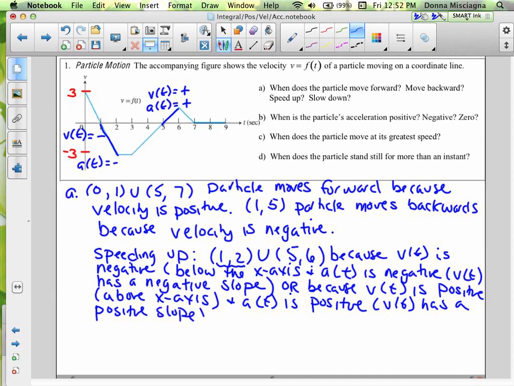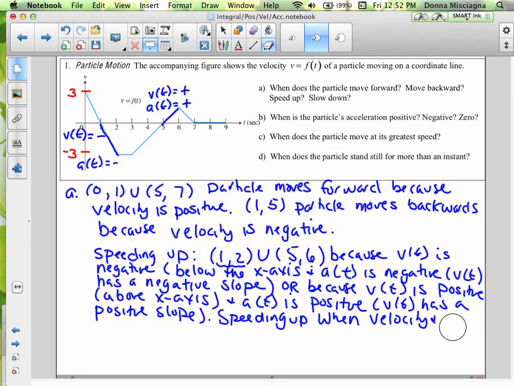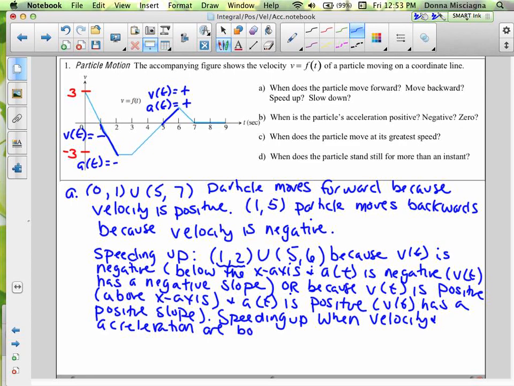So as a reminder, we are speeding up when velocity and acceleration, I know I'm going to fit acceleration in that little teeny space, are both positive or negative.